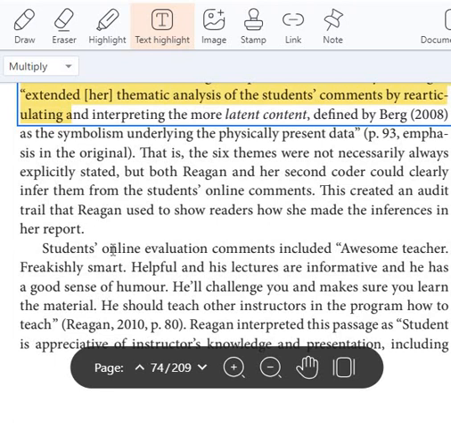Students' online evaluation comments included awesome teacher, smart, helpful. These are the comments of these students when they wanted to give their opinions regarding their teachers. And Reagan wanted to study the attributes of an effective teacher using those comments.